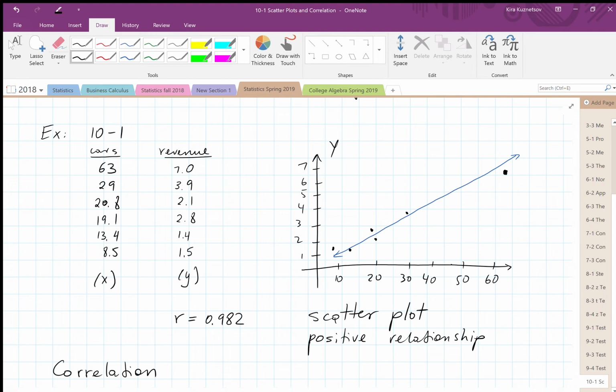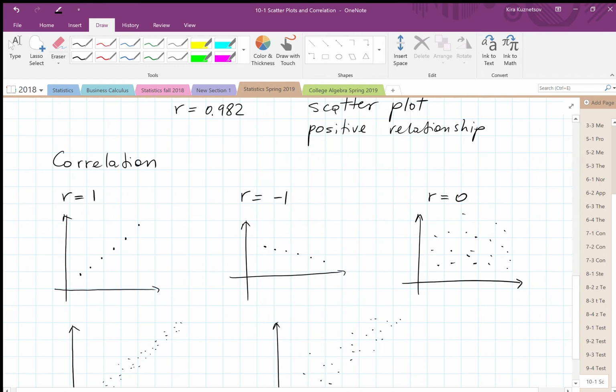The more cars you have, the higher your revenue is. And because it is close to a 1, we would say that it does appear to be a strong positive correlation.